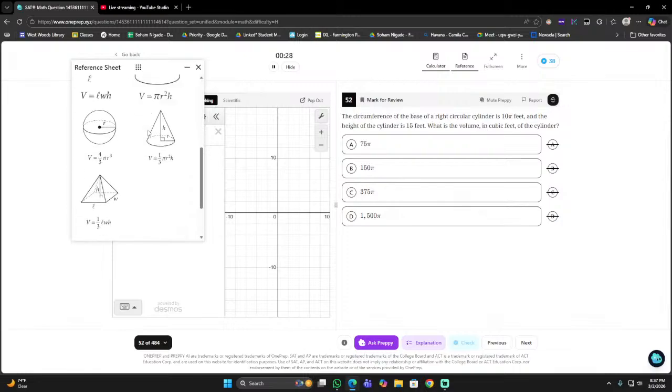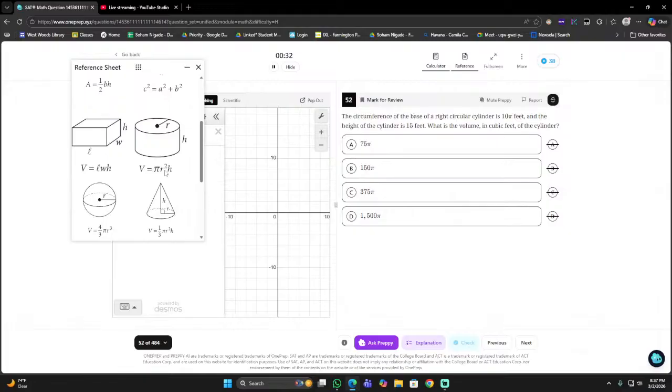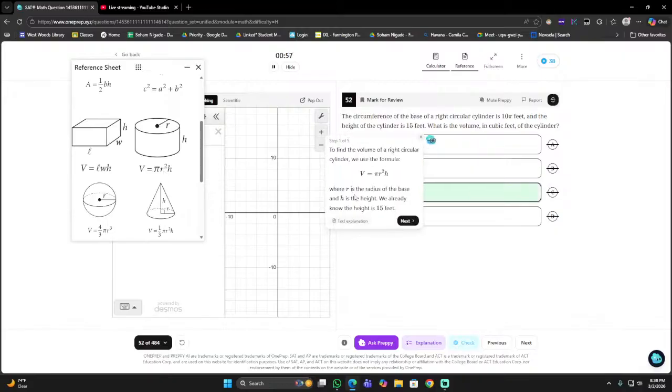Volume of a cylinder is pi times height times r squared, which is 25. Dude, my calculator's tripping out, bro. 375 pi. We had a clip.